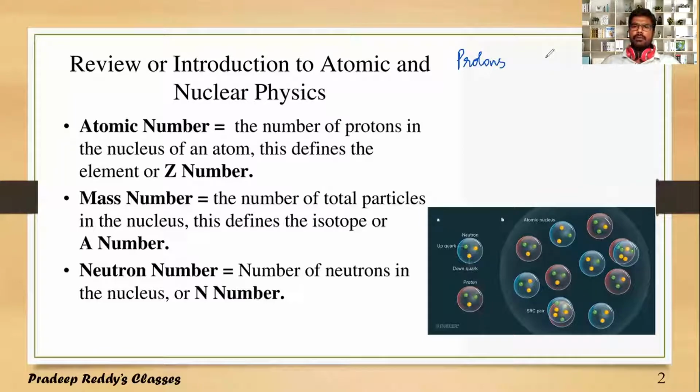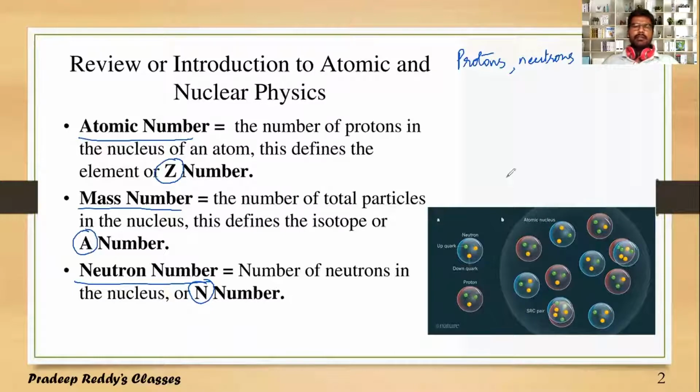The nucleus is represented with atomic number, mass number, and neutron number. Atomic number is denoted with Z. Mass number is denoted with A, and neutron number is denoted with N.